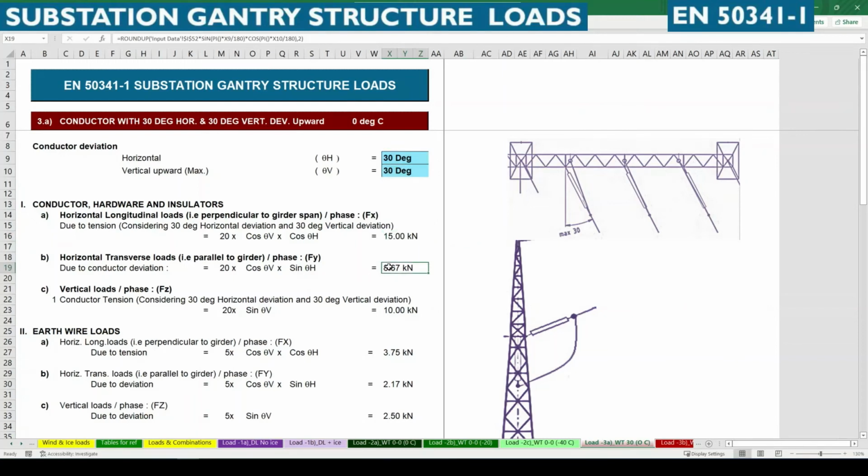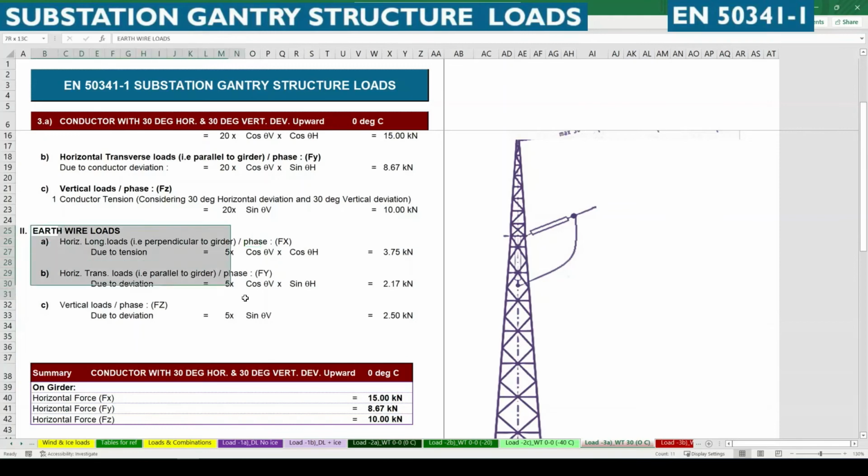Similarly for the transverse side, it is F into cos theta V into sin theta H. For vertical load, it is F into sin theta V. The same formula we are going to apply for the earthwire also.